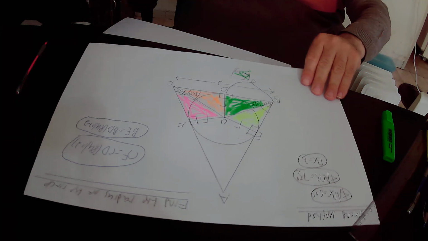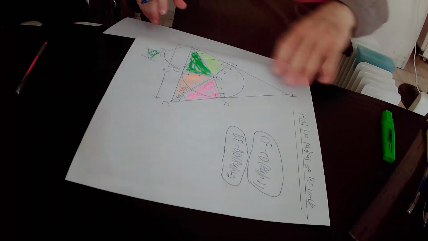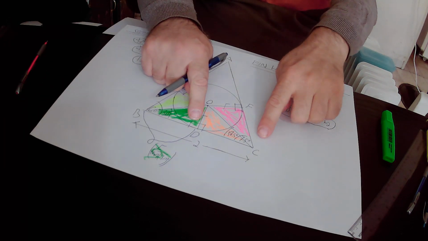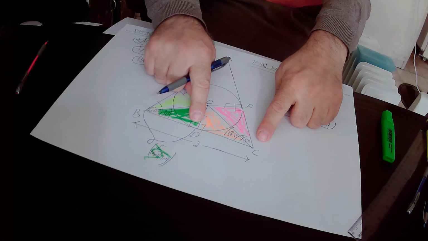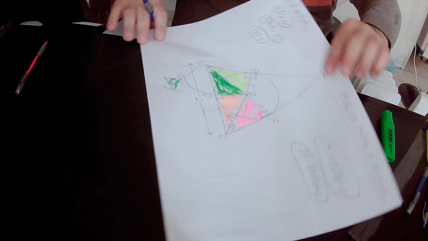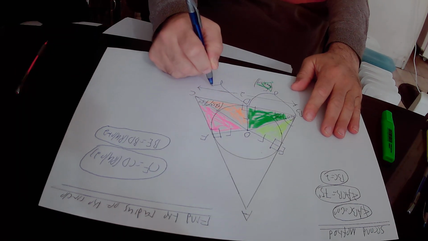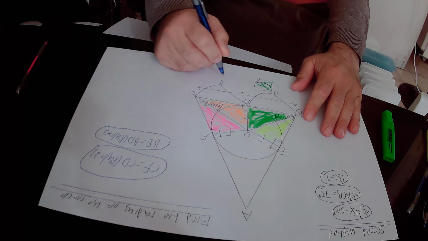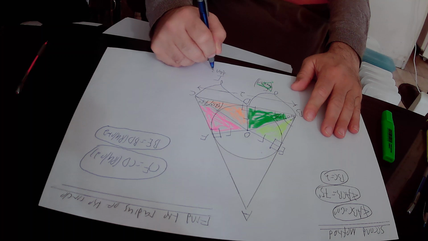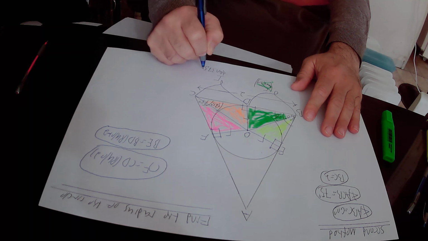So actually, this segment DC equals R over tangent 37.5 degrees. So I write it down here in the original drawing.